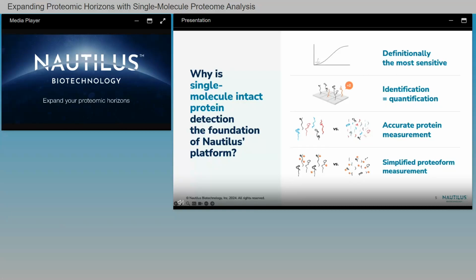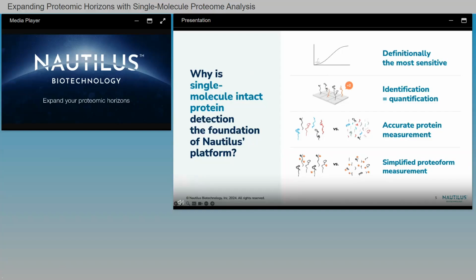Another key aspect is that when we want to look at proteoforms, the patterns of multiple modifications on individual molecules, that information is totally lost when looking at digested peptide fragments. And so there is no way to really get to proteoform information without looking at full-length undigested proteins. Now, the platform does denature the proteins, but it does not digest them.